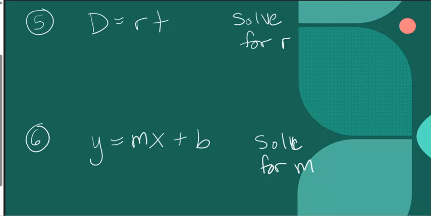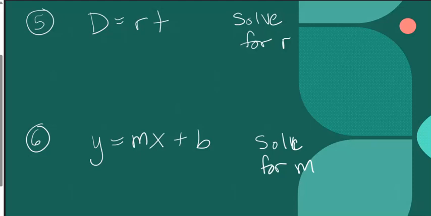So any formula that you would have ever learned in the past, maybe like area of a circle or circumference, sometimes we don't always have all of the information to get the variable that formula is giving us. So it's helpful to be able to solve for the other one. And we're going to use the same skills that we were just working on, where you want to get your variable isolated by using the inverse.